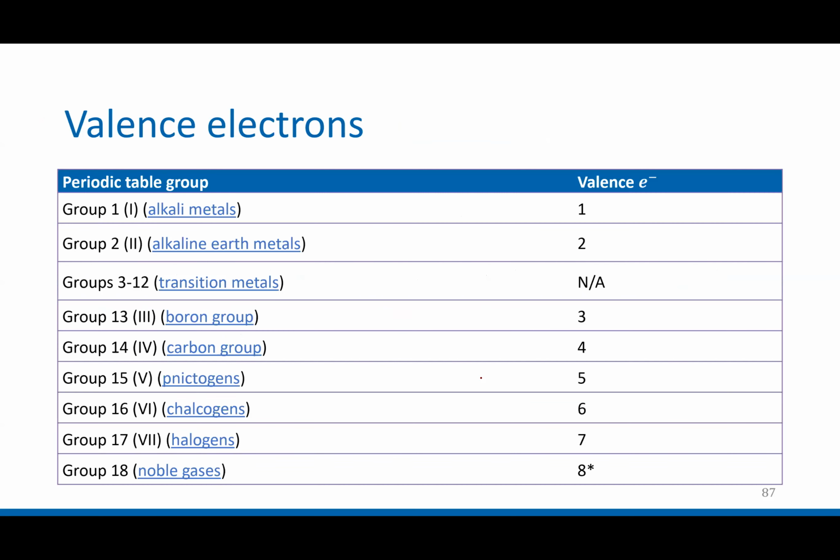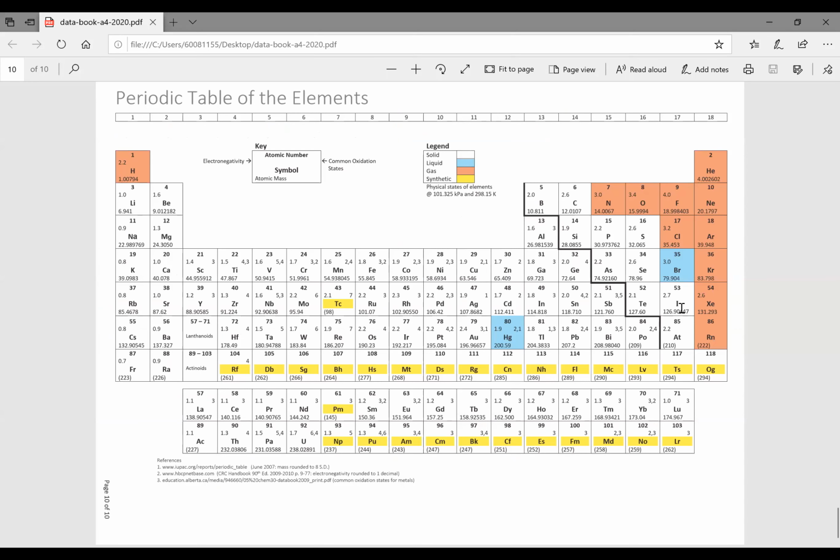Let me show you the periodic table and the easiest way to calculate valence electrons. Group 1, group 2.